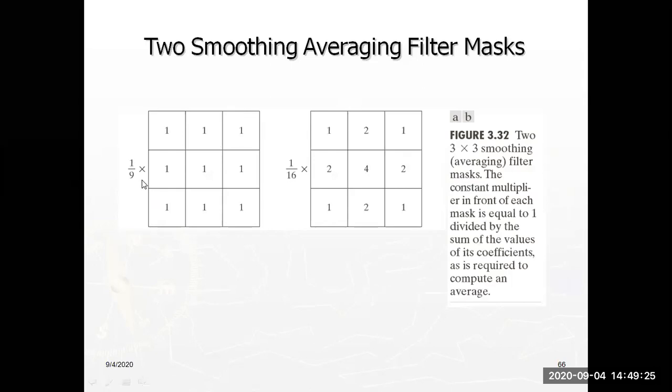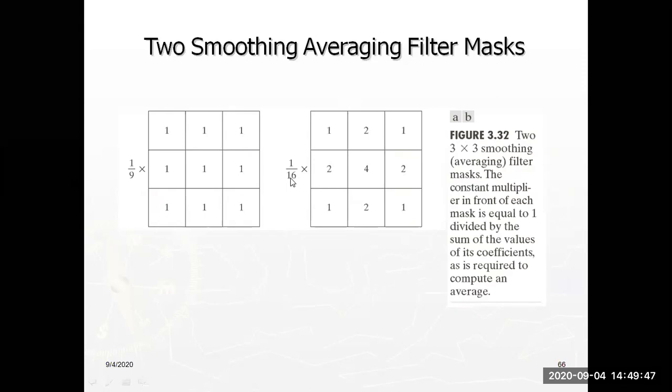My two mask values are weighted with average value. I am taking one 3x3 mask with 1/9, so all elements are equal to 1. Similarly, 1/16, in which my center pixel value is 4, the diagonals are 2 and the remaining are 1. If you want to change the values, that depends upon your requirement.